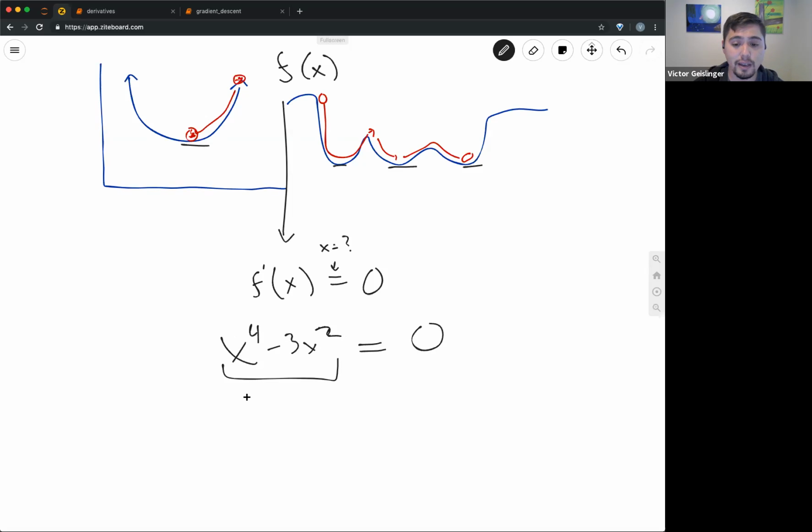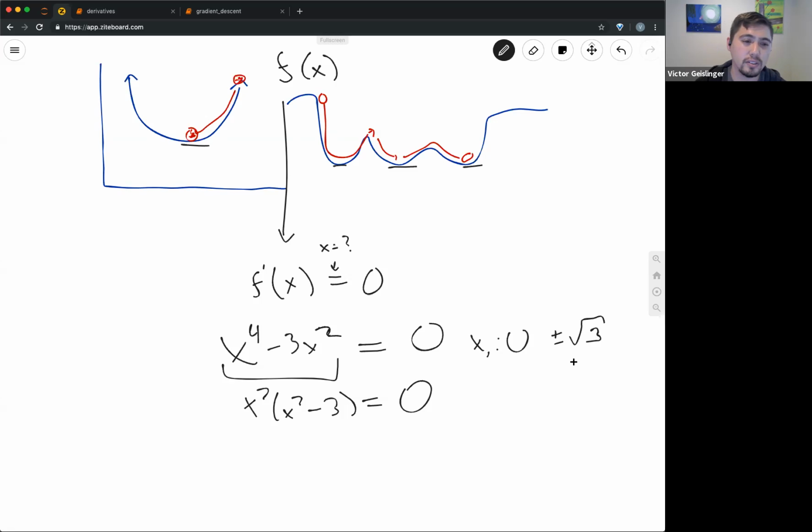In this case, I can just factor it out to x squared times (x squared minus 3). If I do the math real quick and set this to 0, x can be 0, or positive or negative square root of 3.